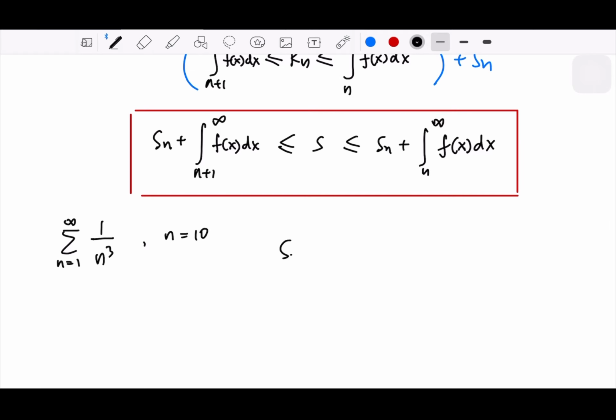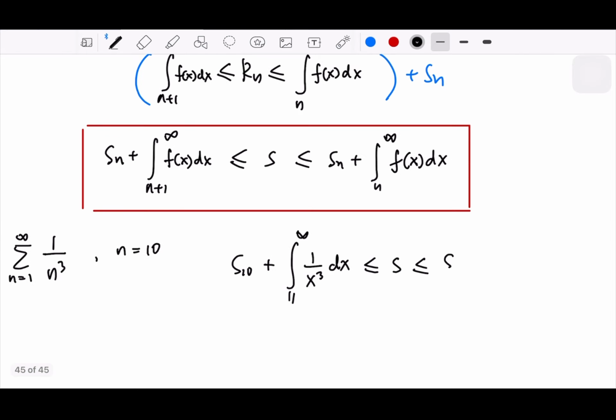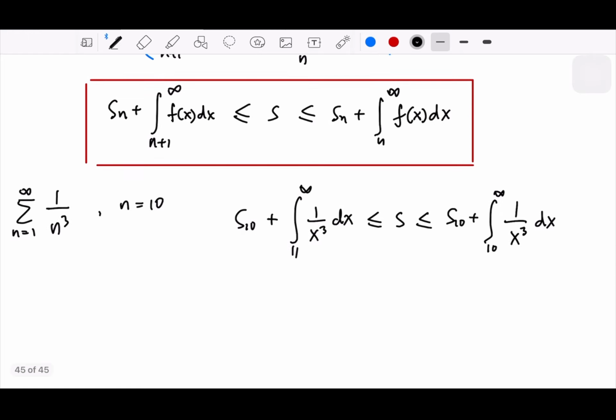Then we can write S10 plus the integral starting from 11, and we know that the improper integral is equal to 1 over 2n squared.